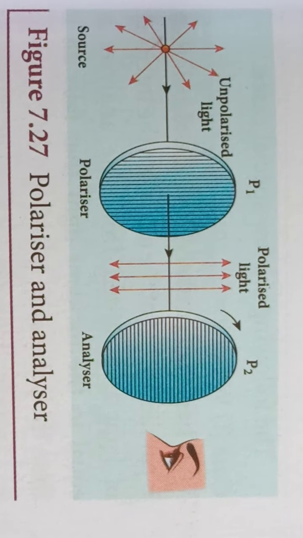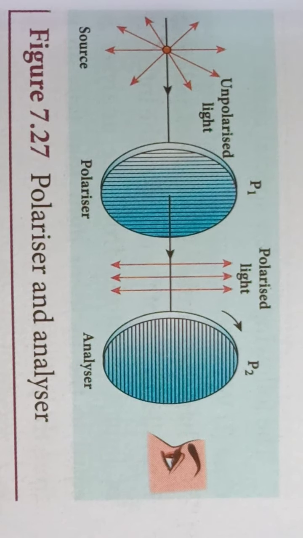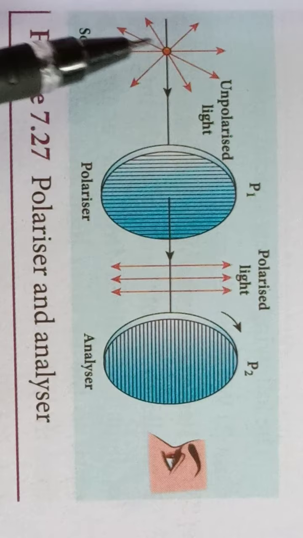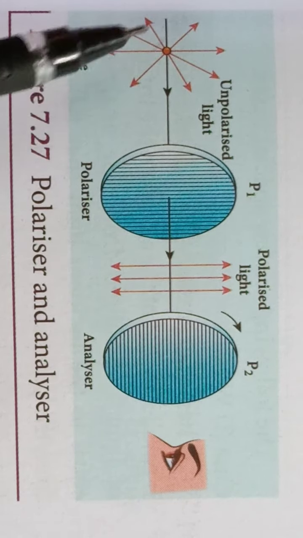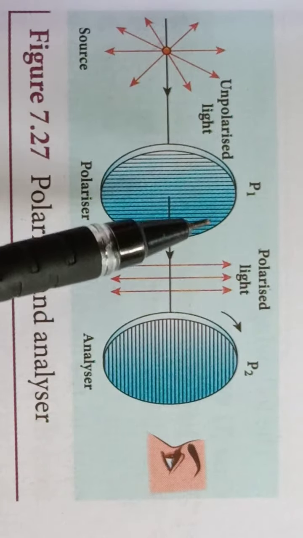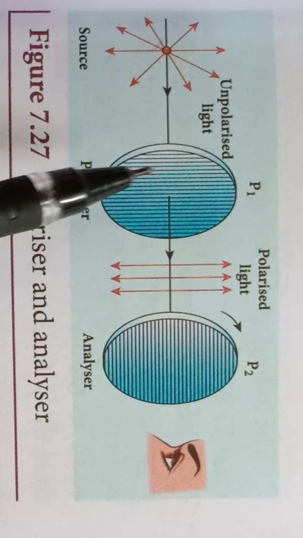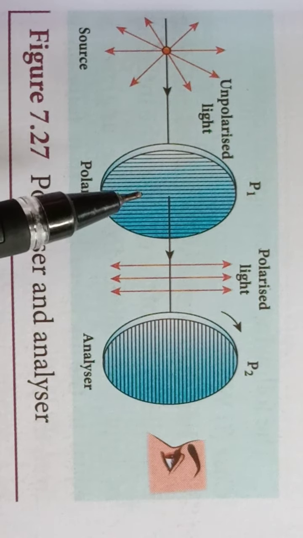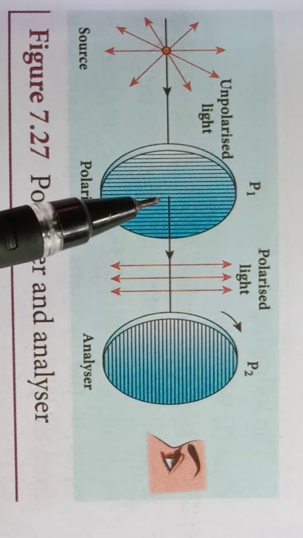Next, we will see the function of the polarizer and analyzer. First of all, we should know the meaning of unpolarized light. This is a source of light which can vibrate in all directions. Take one polarizer made of glass, with a slit like this, which allows light vibrating in only one direction.